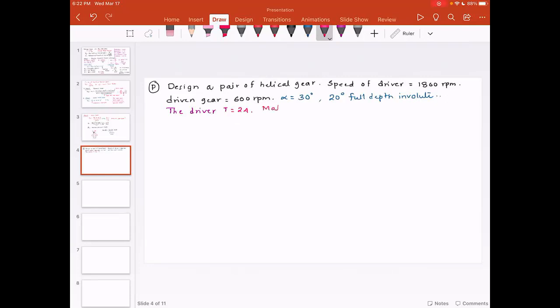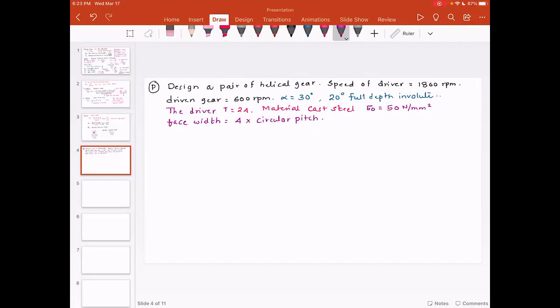So the material is cast steel, and the allowable static stress, sigma O, is equal to 50 Newton per millimeter square, and the face width in this problem is given as 4 times the circular pitch.